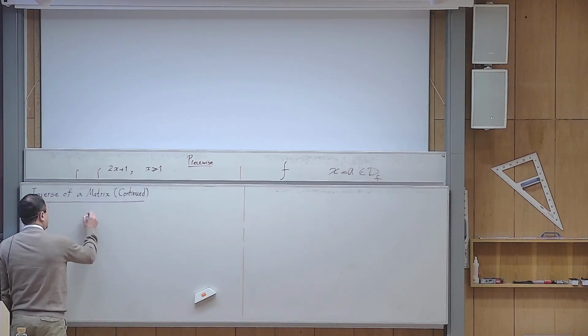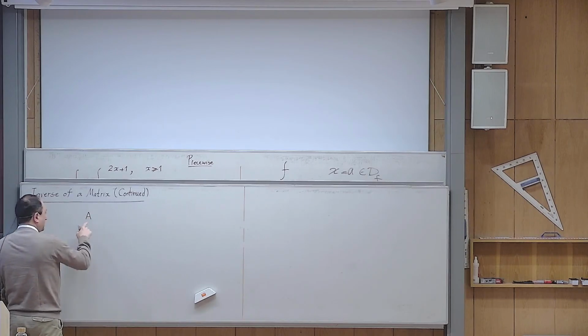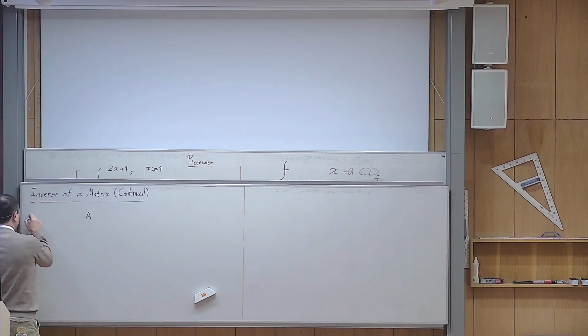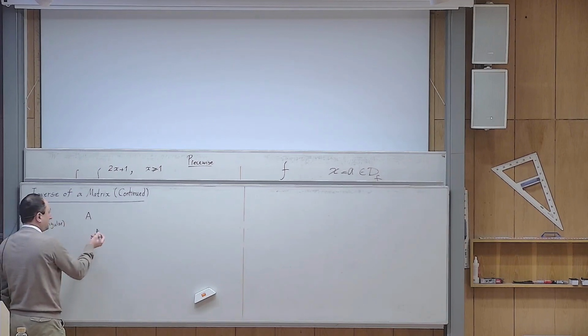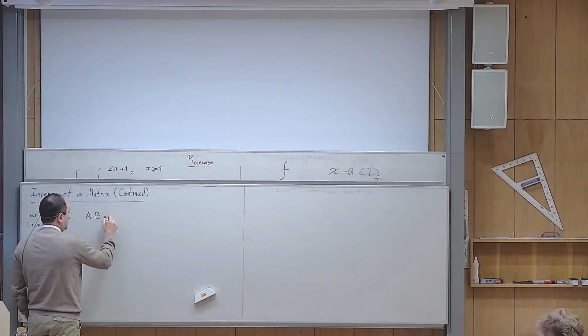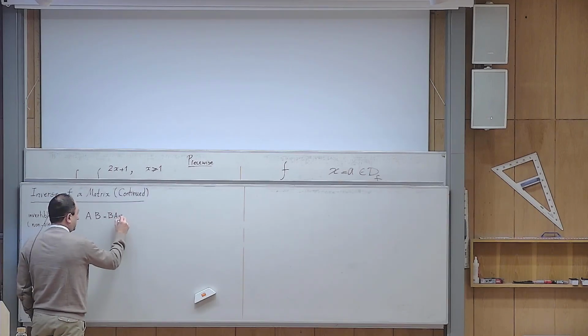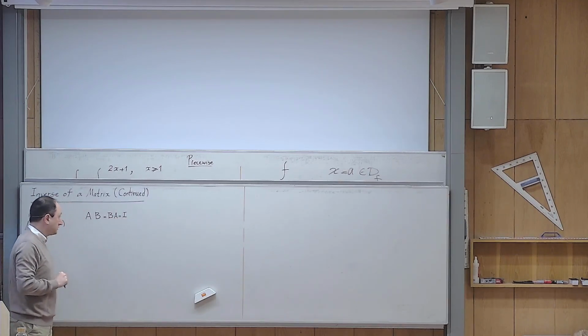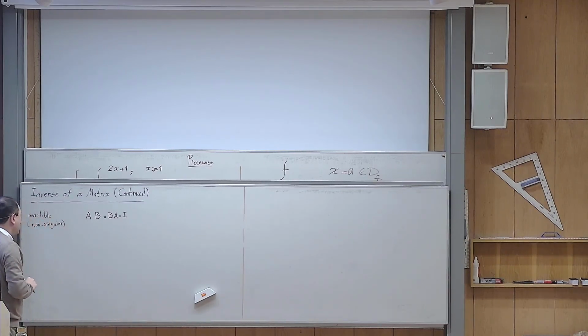If I give you a square matrix A, we call this invertible or non-singular if you can find another square matrix of the same order B, so that A times B is equal to B times A, but more than that, it should be equal to the identity matrix of the same order. In that case, we call A invertible, yes?